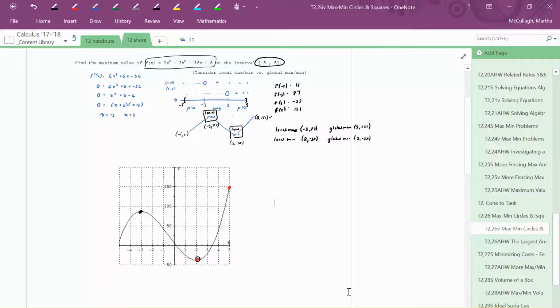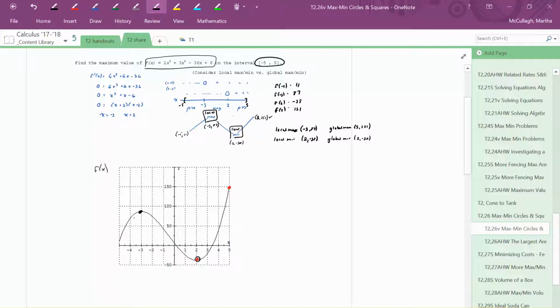I've pasted in a graph of f of x, and in looking at the graph, we see we do have a top of the hill, a local max, at -3, and it's a height of 87. But my overall maximum value for this entire graph is out here when x is 5. I'm up at a height of 151, so my global max is x equals 5, y equals 151.